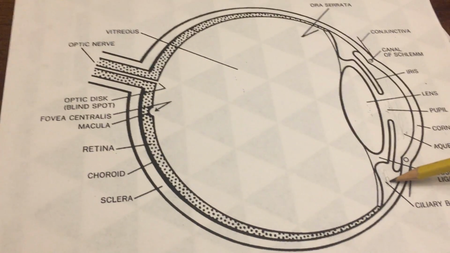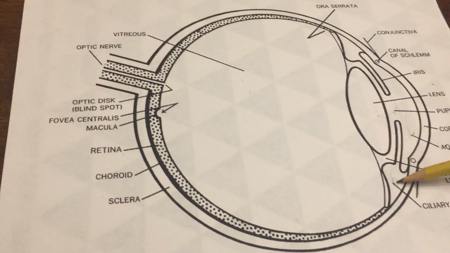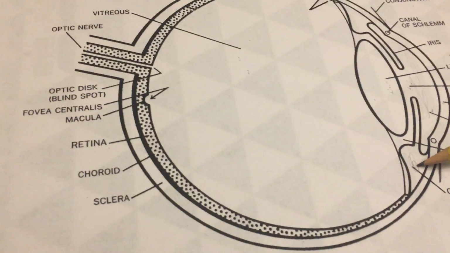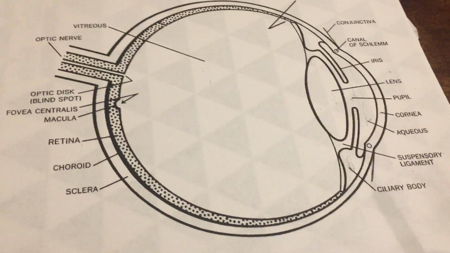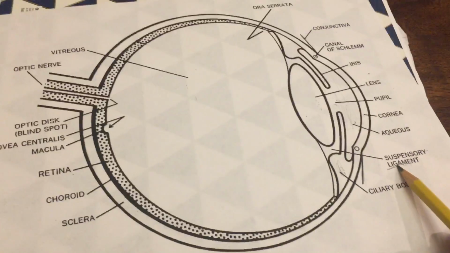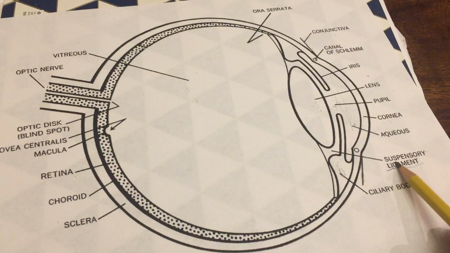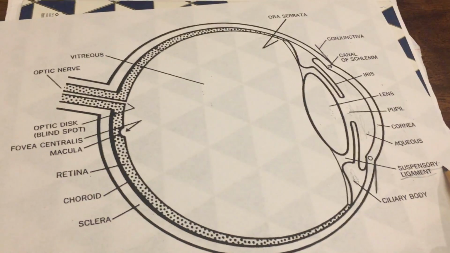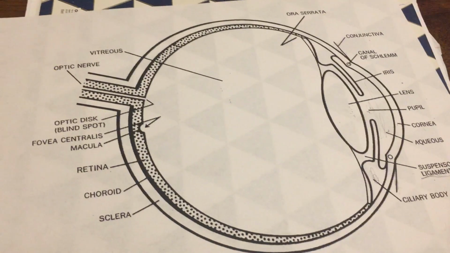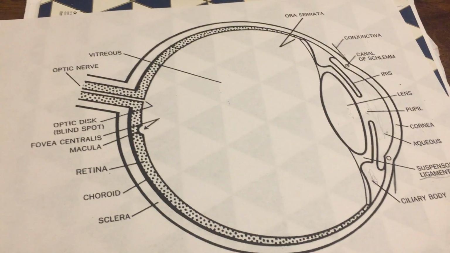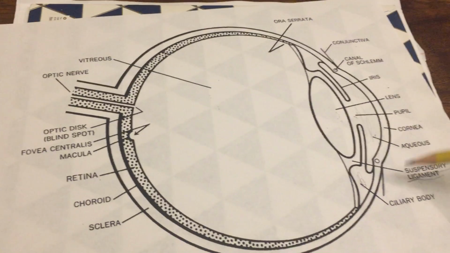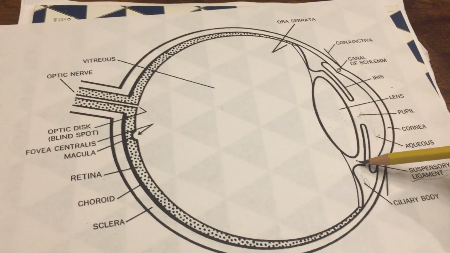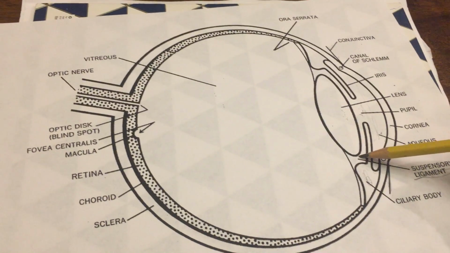Then we're going to go from here to the suspensory ligament, okay, right here. And this is a long, thin fiber that connects the lens to the ring of the ciliary body, the muscle.